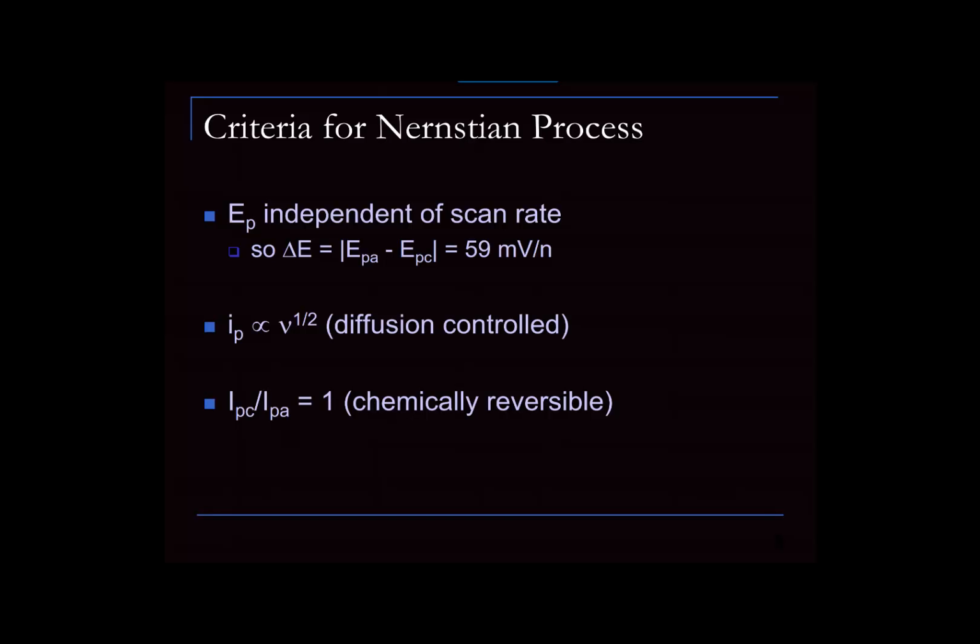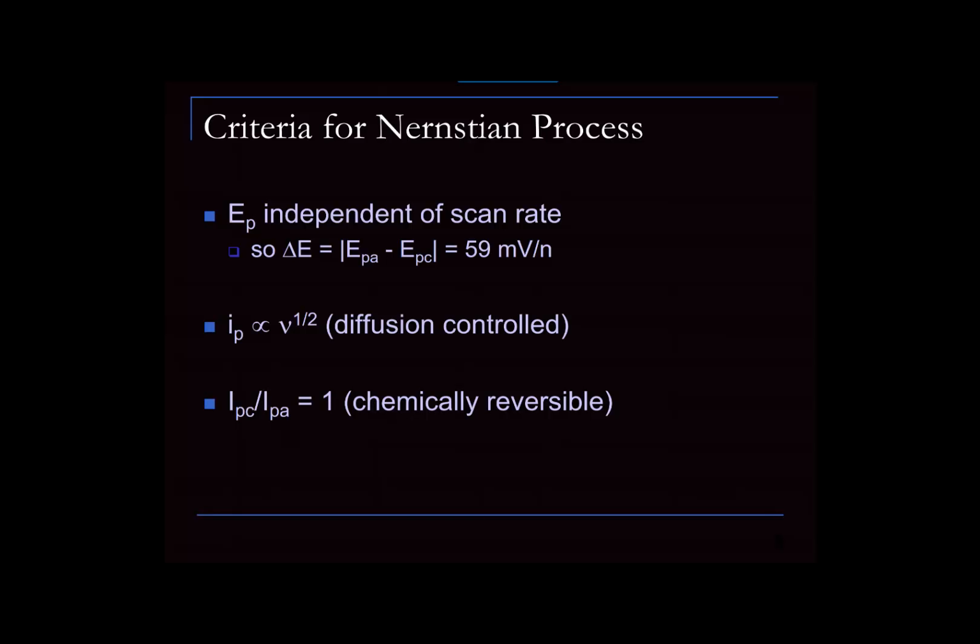We look to see if E peak is independent of scan rate. One way of doing this is simply to look and see if the difference between E_P anodic and E_P cathodic is a constant. Ideally, if it's Nernstian, it should be 59 millivolts or 0.059 volts divided by n. That's from your Nernst equation. So we look to see if it's independent of scan rate.